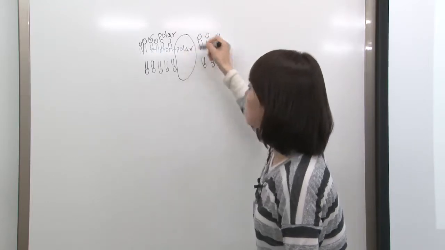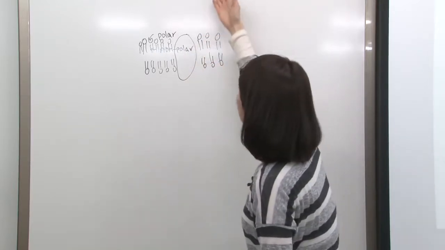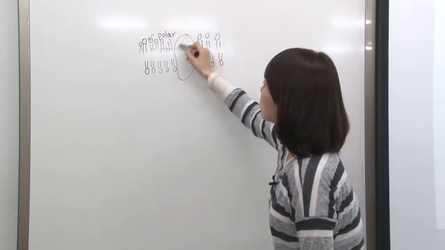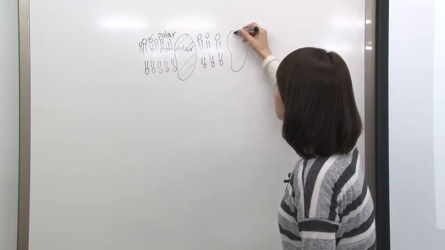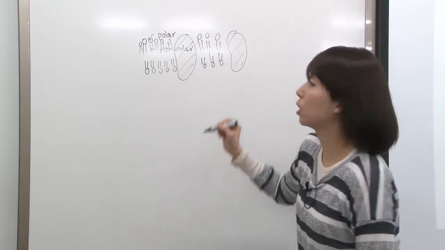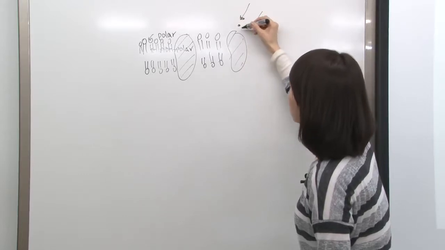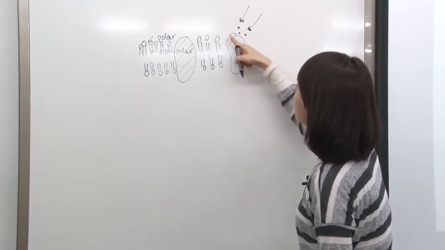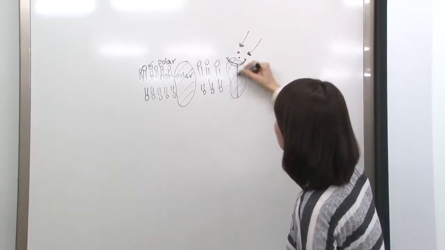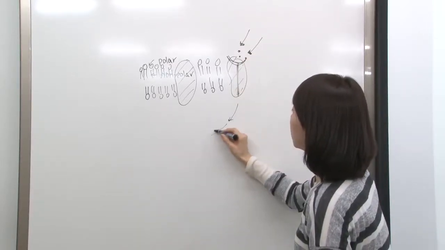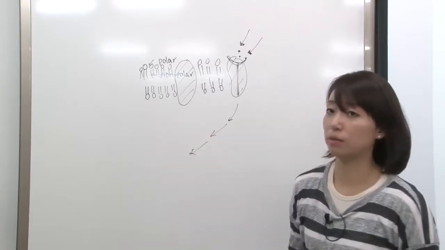These can be the channels that allow certain material going in and out of the cell. So this is one protein. Also, another protein can act as a receptor. So some kind of signal comes, and if the signal comes to this receptor, then this receptor actually receives the signal, and that carries the signal into the inside of the cell.